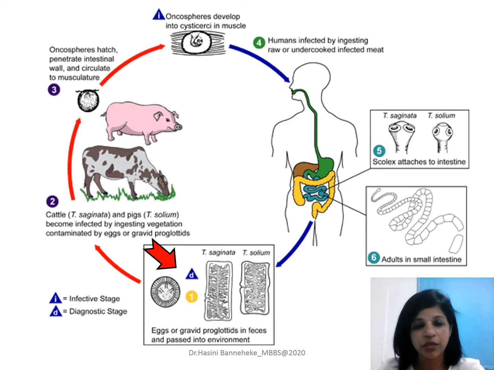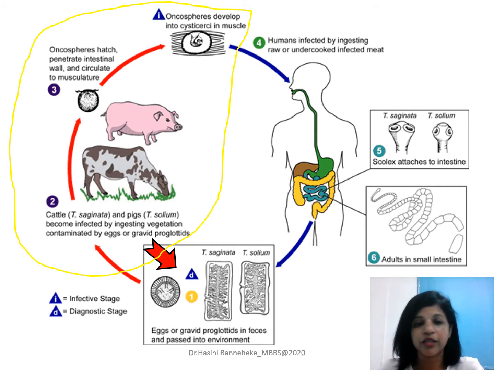So when the intermediate hosts such as cattle and pigs ingest various vegetation during grazing, they will ingest these eggs and gravid proglottids into their body. Once ingested, the eggs hatch and the oncosphere inside the egg gets released, and these oncospheres have 6 hooklets.